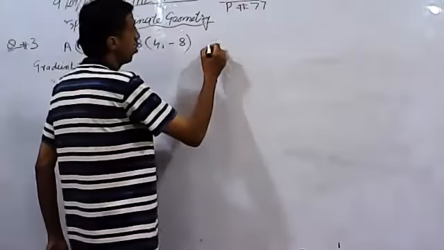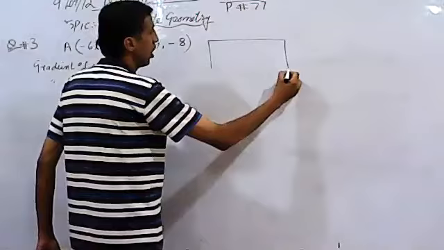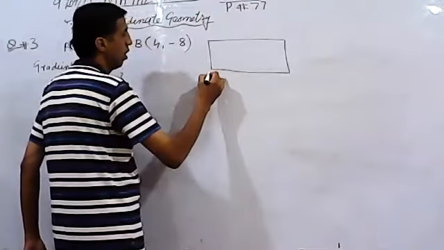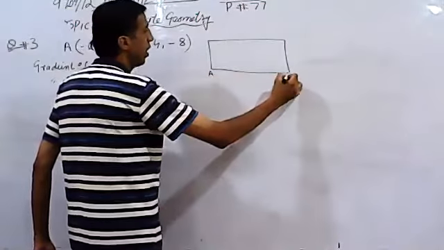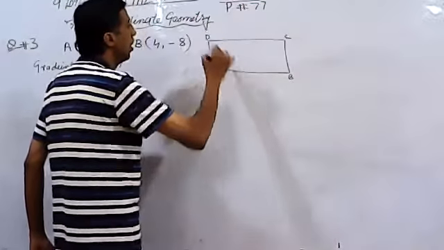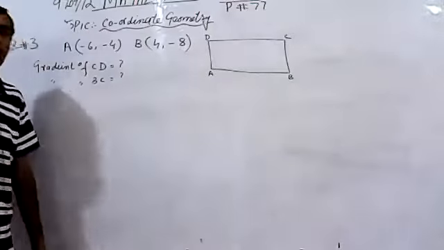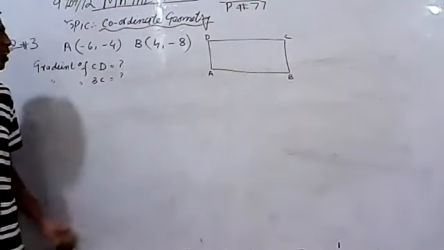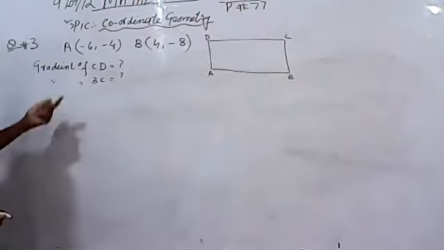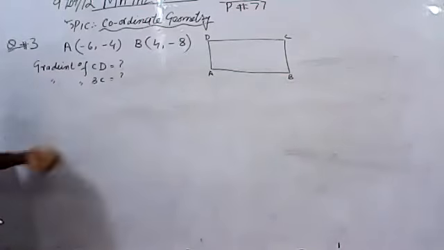If I just draw the shape of rectangle ABCD, in the question we have been given the two coordinates A and B, but we have to get the gradient of CD and BC.